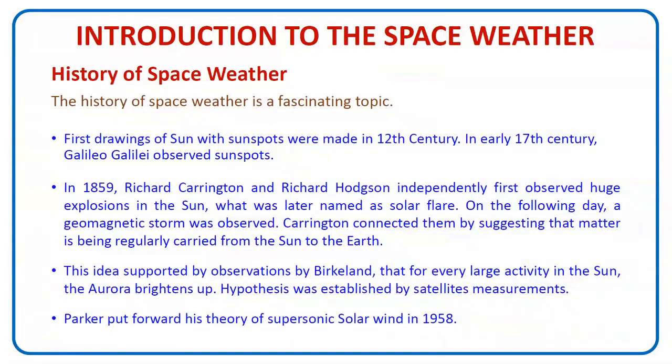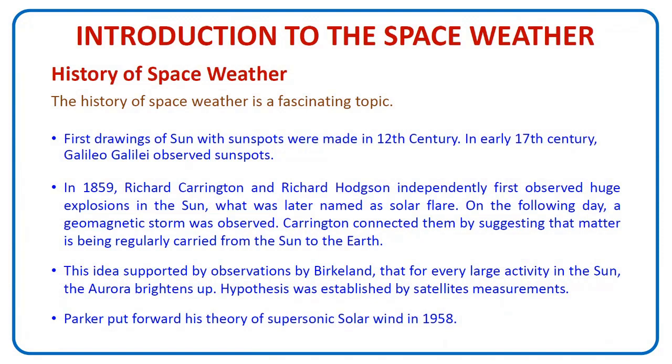Getting a little bit into the history of space weather, which is itself a fascinating topic. The first drawings of the sun with sunspots were made by Galileo Galilei. He observed that there are certain black patches on the surface of the sun, and they were termed sunspots.